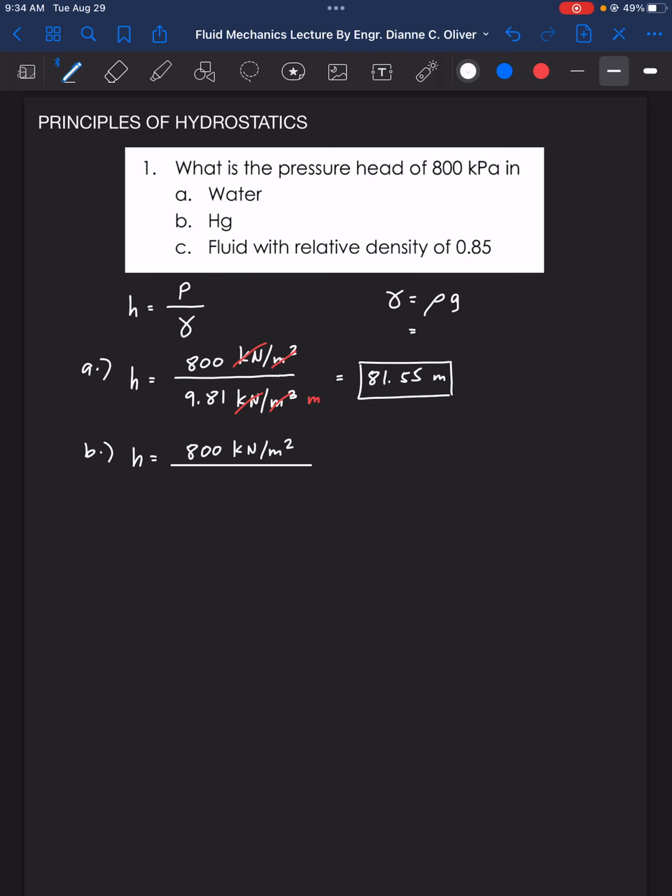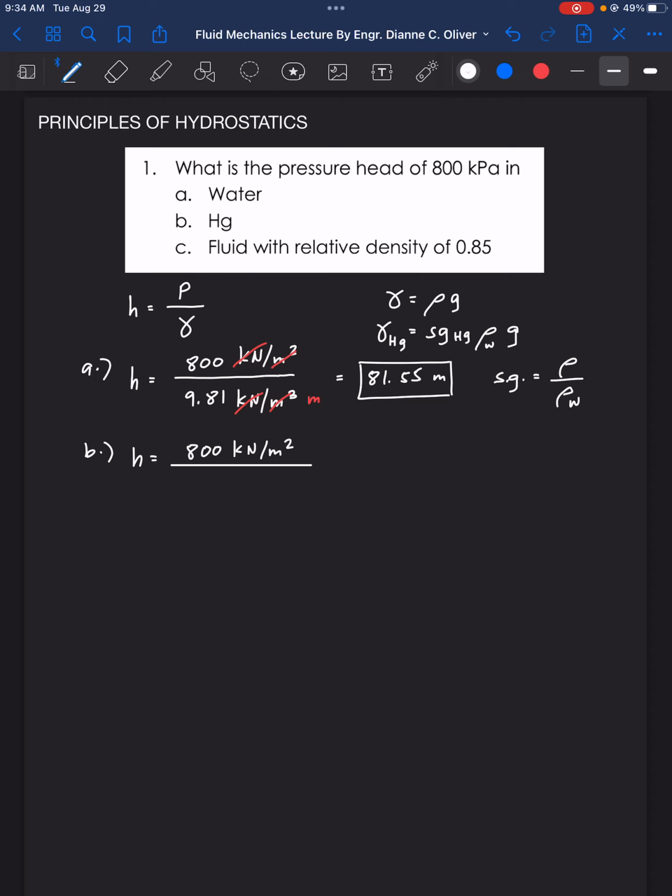So for rho of mercury, Hg, that will equal the specific gravity of Hg times the density of the standard, and that is the water, and then the acceleration of gravity. And where do we get this part here? Remember that our formula for specific gravity is equal to the density of the liquid divided by the standard density, and we're going to use the standard density of water.